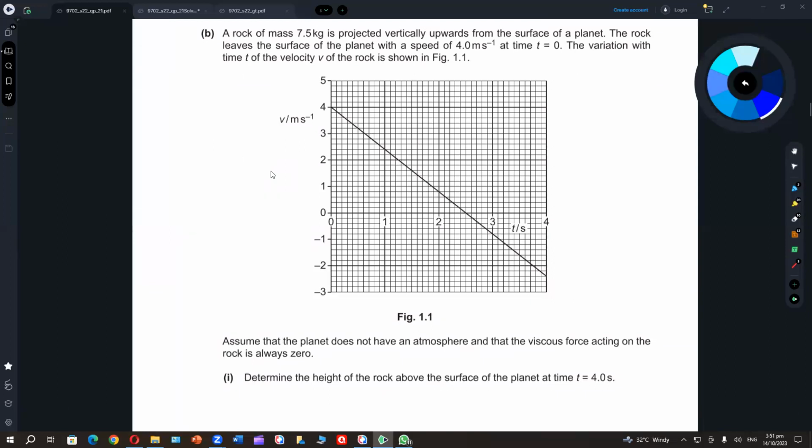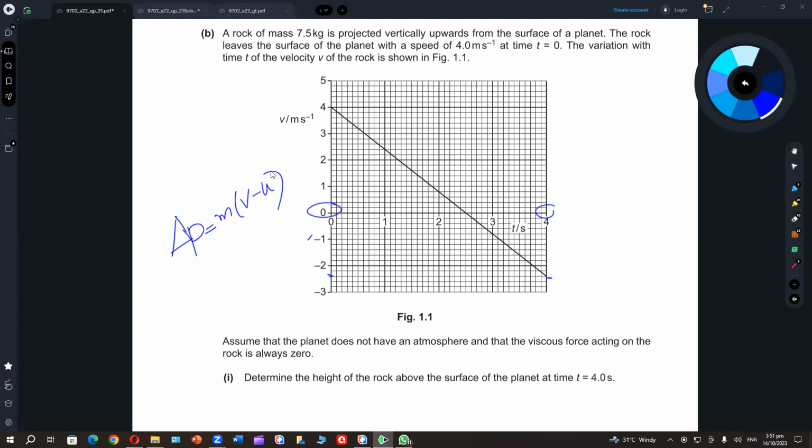He's talking about 0 till 4. So I can read the velocity at 0, and then the velocity at 4. And the formula of impulse? Delta P is equal to m(v minus u).